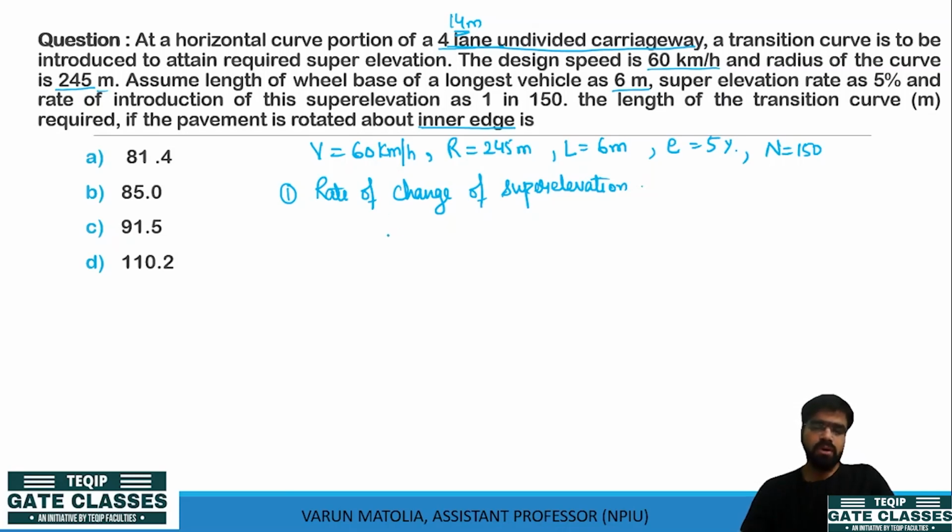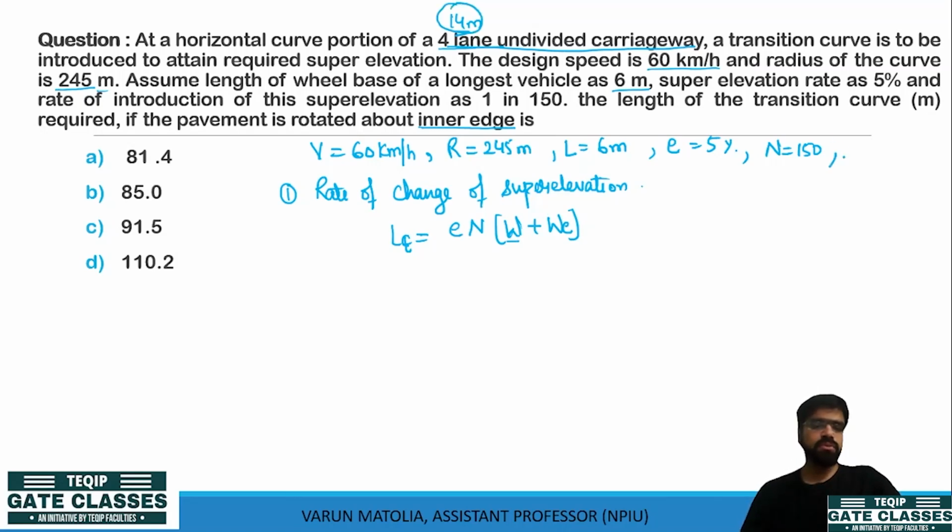So the formula is: length of transition curve equals E times N times (width of road plus width of extra widening). This W which we have calculated here, now we can use it.